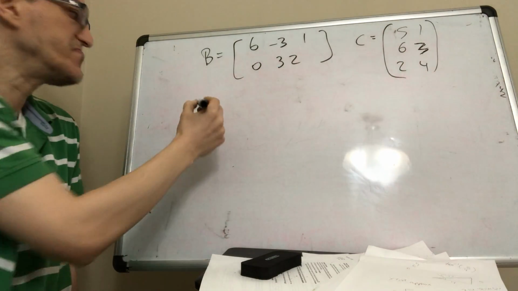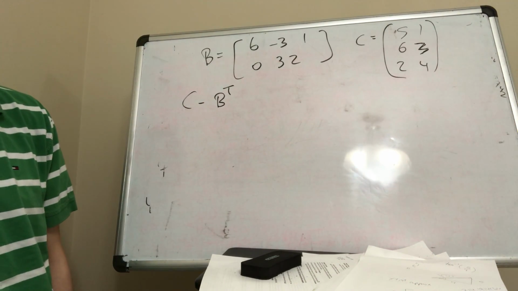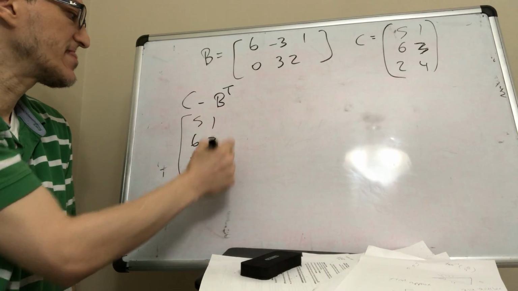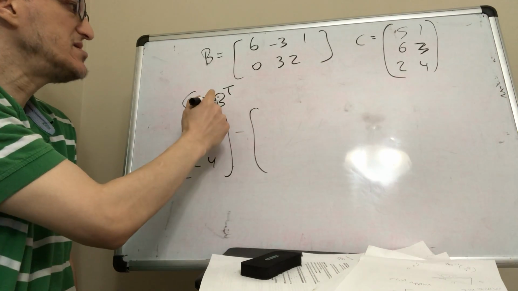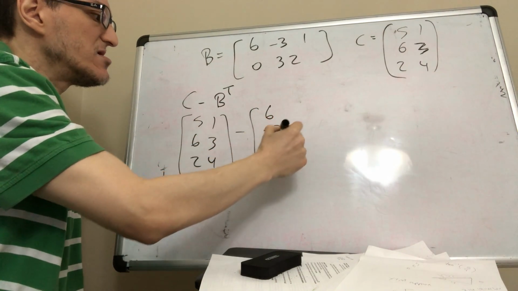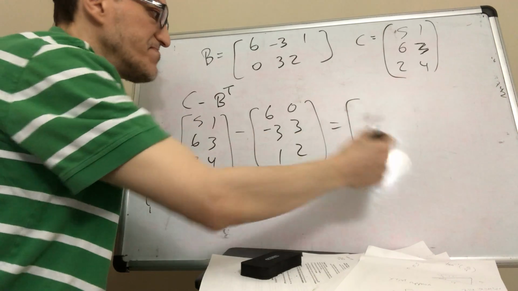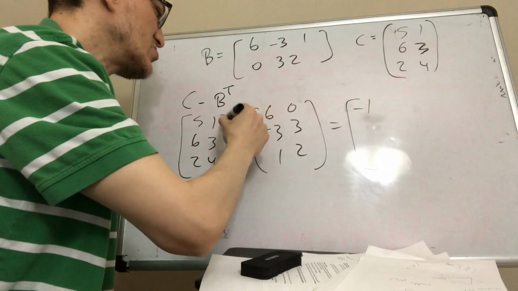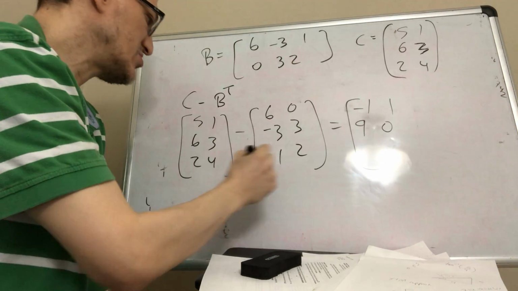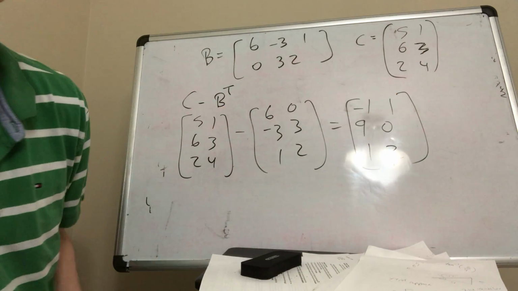And you're asked to do C minus B transpose. B transpose is you make the row a column. So the first row becomes a column, the second row becomes a column, and 5 minus 6 is minus 1, 1 minus 0 is 1, 9, 0, 2 minus 1 is 1, and 4 minus 2 is 2.